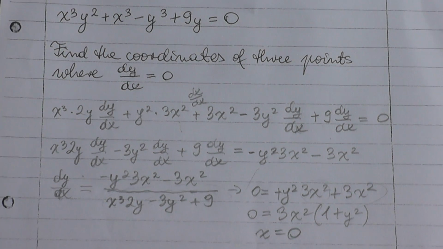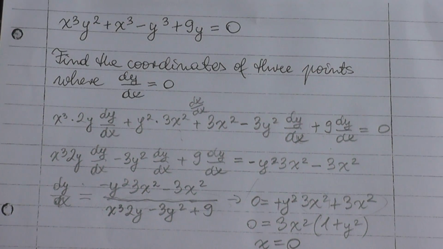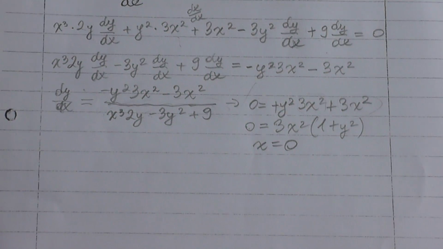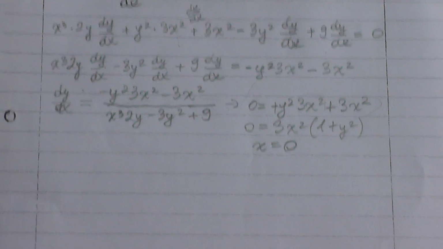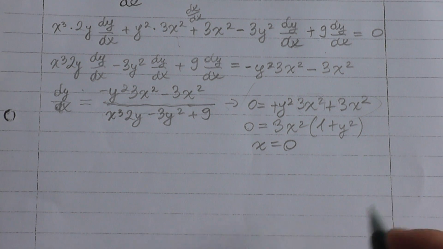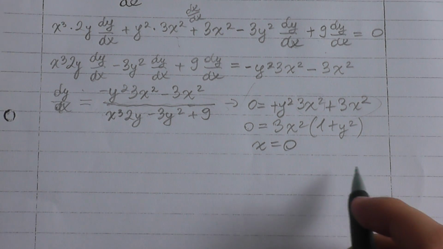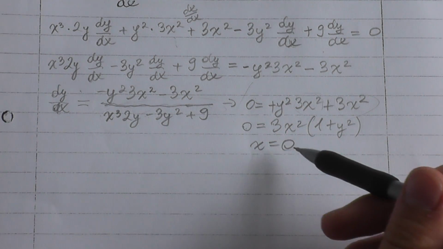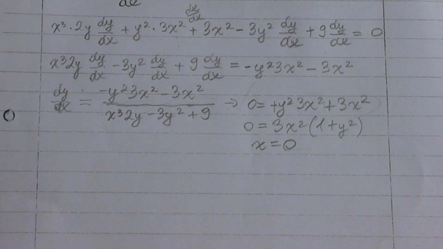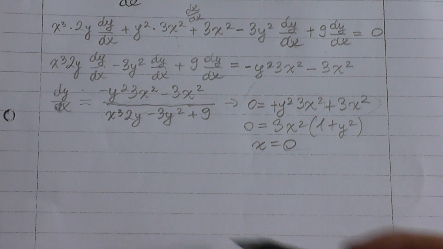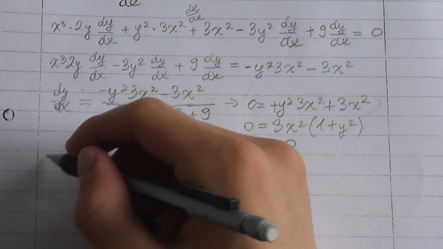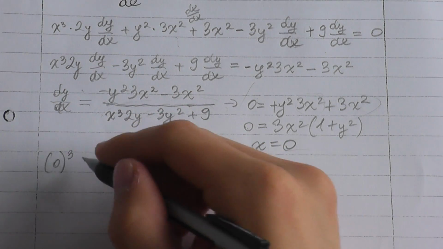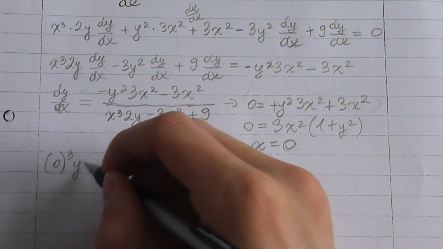Next, I need more space. Remember the equation if you need to. That's better. What we're going to do next is take this 0, because we need to find the coordinate, and plug it back into the original equation. And so the original equation, I will just rewrite every x as a 0.